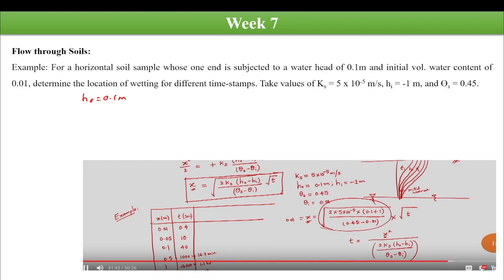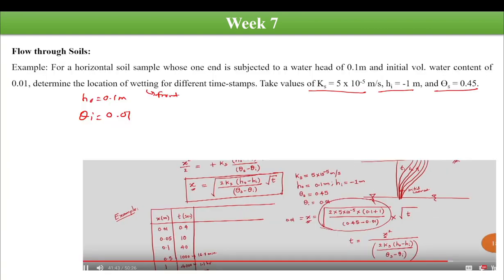The initial volumetric water content theta I is given as 0.01. Determine the location of the wetting front for different time steps, and take values of Ks as this one, Hi as this one, and theta saturated as this one.